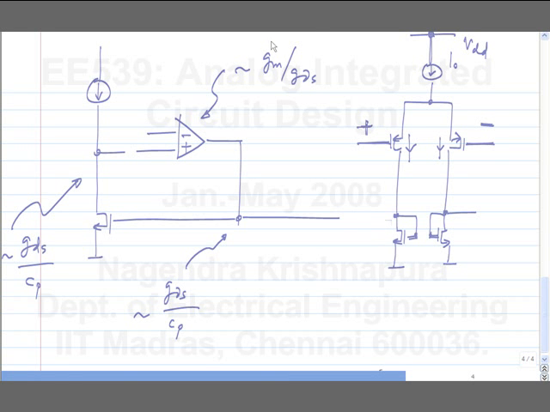This is the output now. For this particular op-amp, I will use this circuit. What is the pole? It is GM of this transistor by CL, CP. And what is the gain?